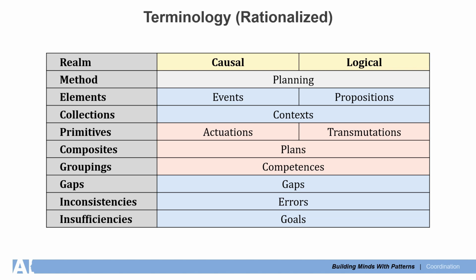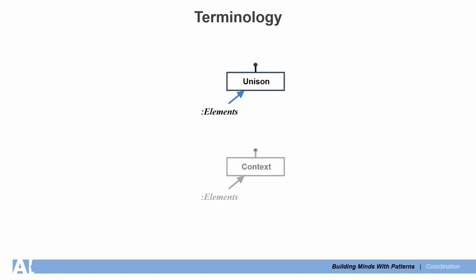The gaps are just called gaps instead of problems or lacunas. The inconsistencies are called errors. The insufficiencies are called goals. So from a unison, we get a context.